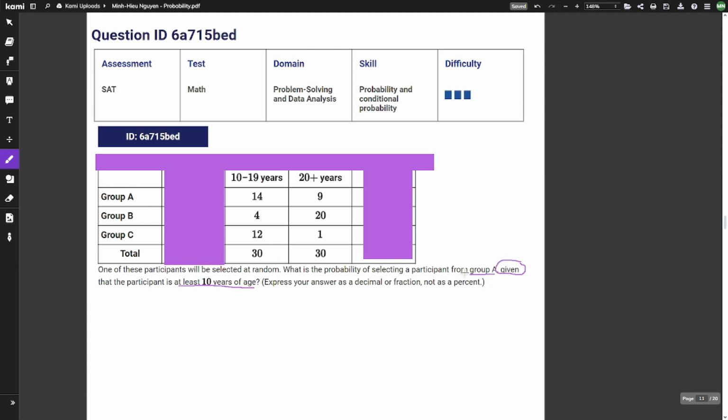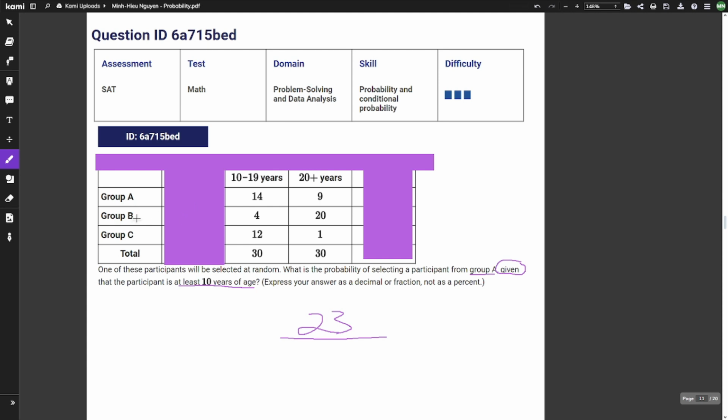Now, we want the probability of selecting our participant from group A. So that's gonna be group A. Where's group A? Oh my goodness, I cannot see where I'm looking. Right here. This is group A. So 14 plus 9, that is 23. So 23 is gonna be our top number. Now, our bottom number or our total, they want that the participant is at least 10 years of age.